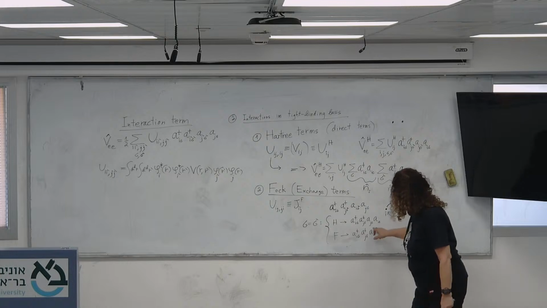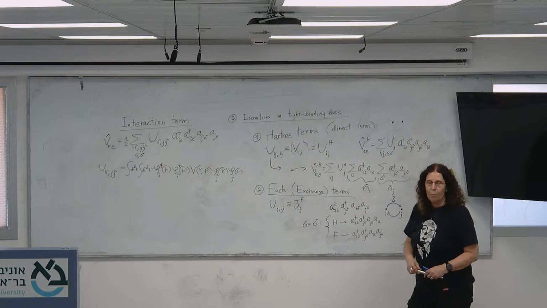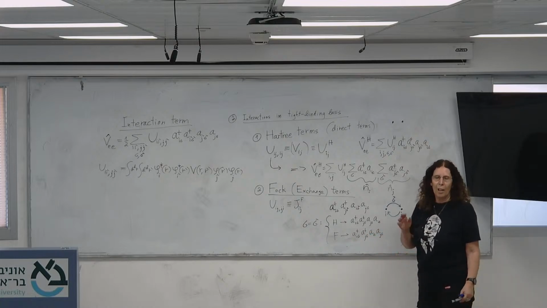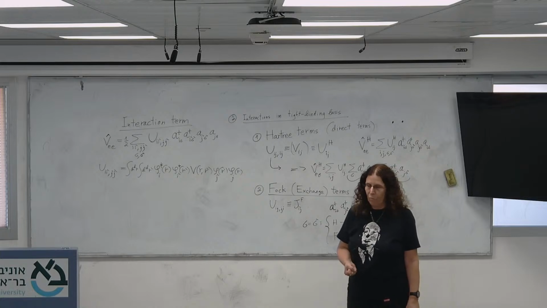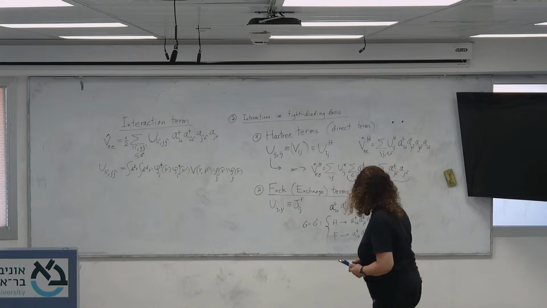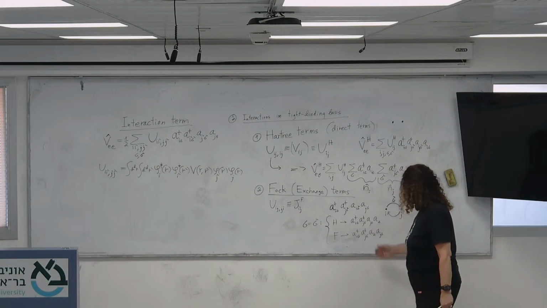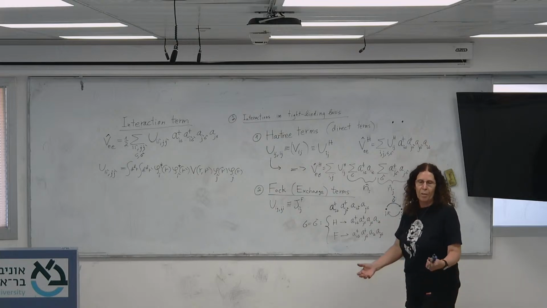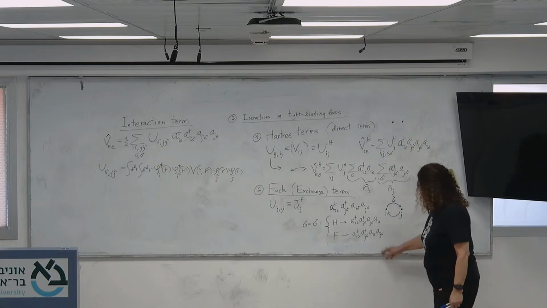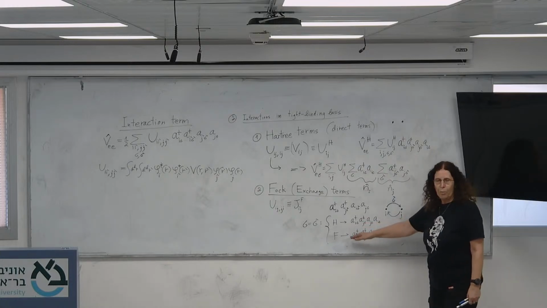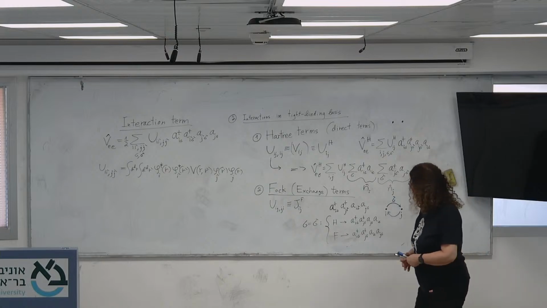Because for the exchange term, for the same spin, the i must be different from j, otherwise it's 0, right? Because you cannot have the same indices, you cannot have a i sigma squared, okay? So this is 0. Okay, so what does it mean, this phenomenon that I just described?